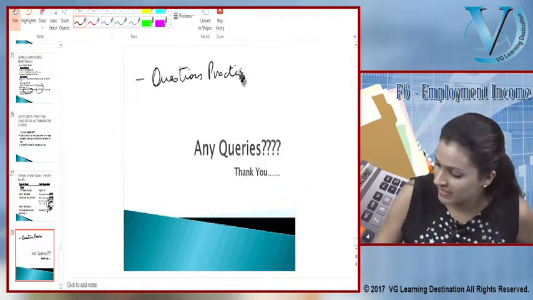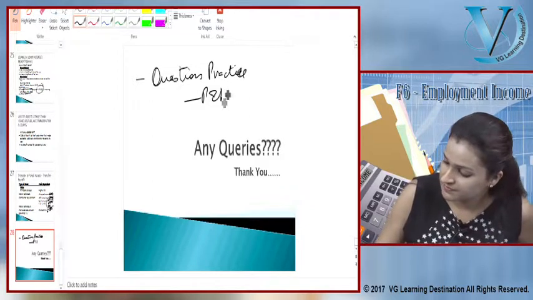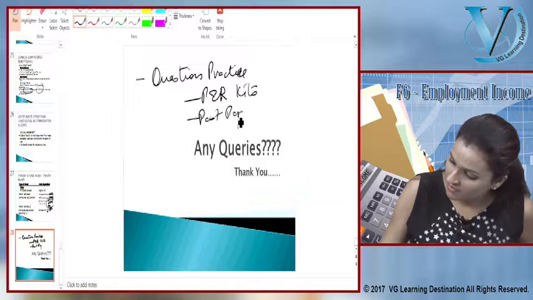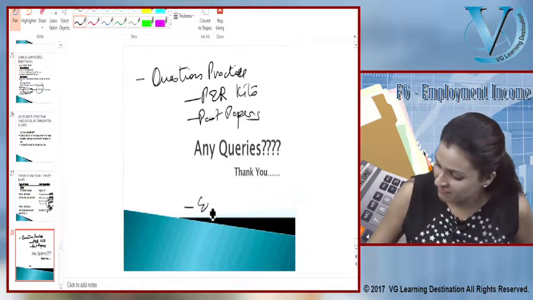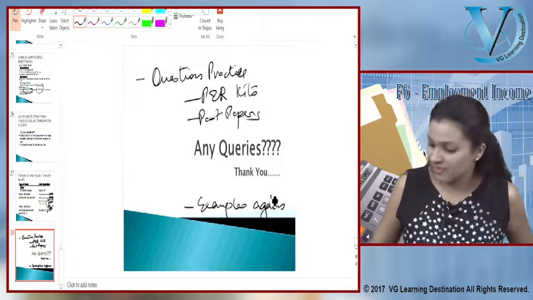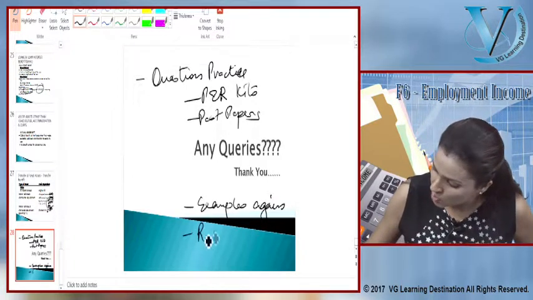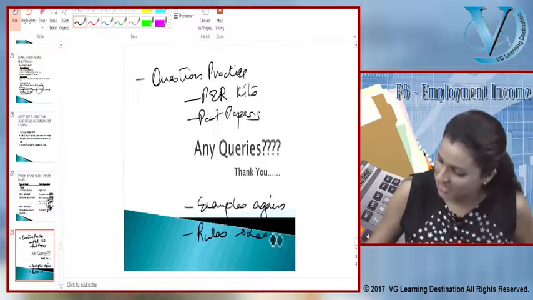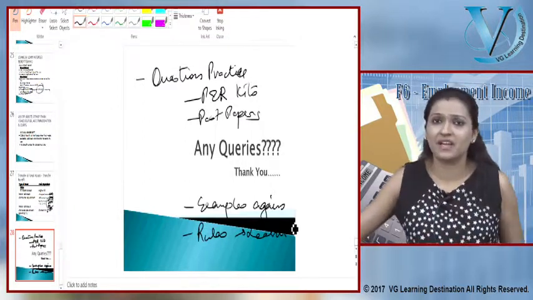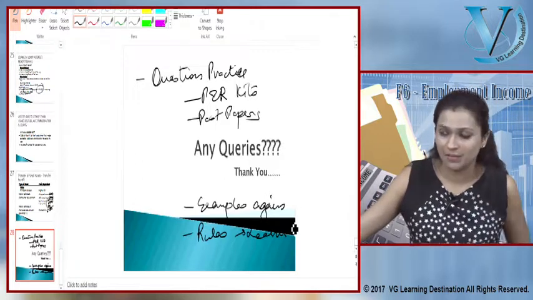Look into your PNR kits, do past papers, and do the examples that we've done in class again so that the concept remains clear. Rules need to be learnt so that you're able to apply them. Any limits, any figures definitely need to be learnt by you.